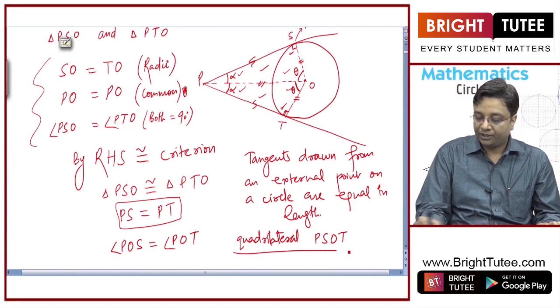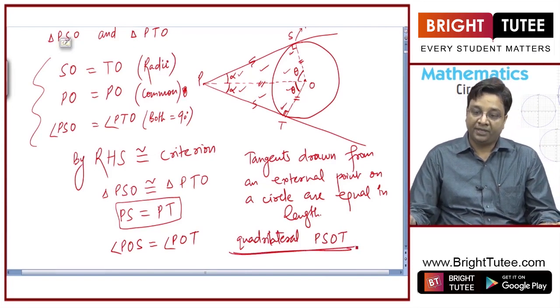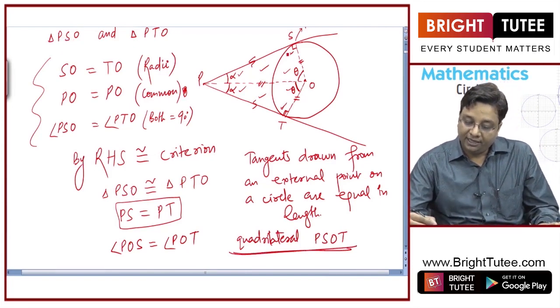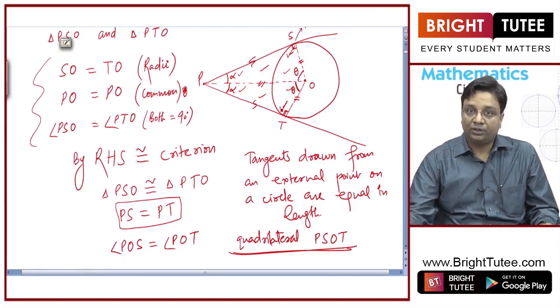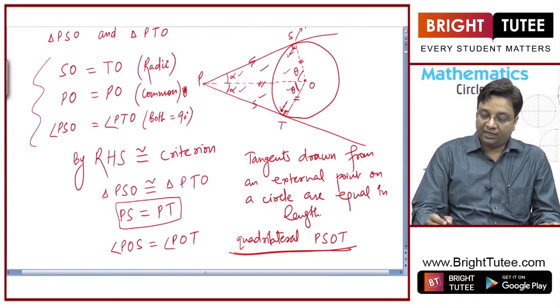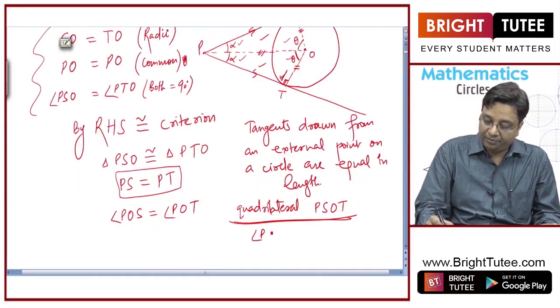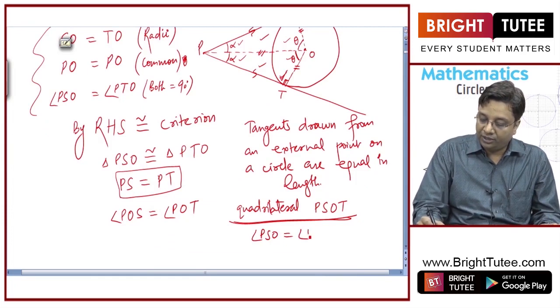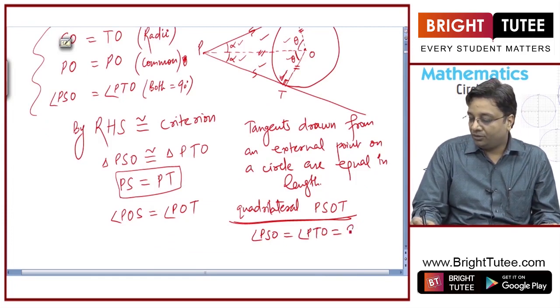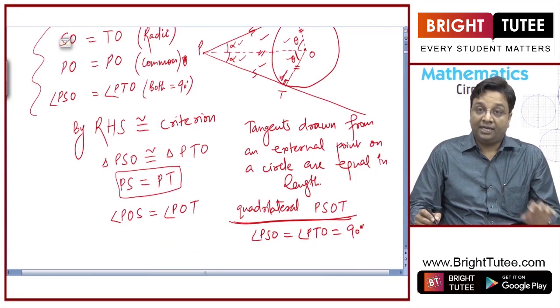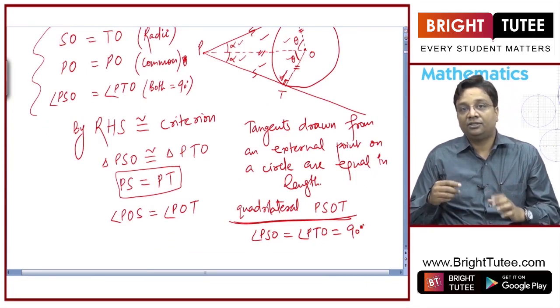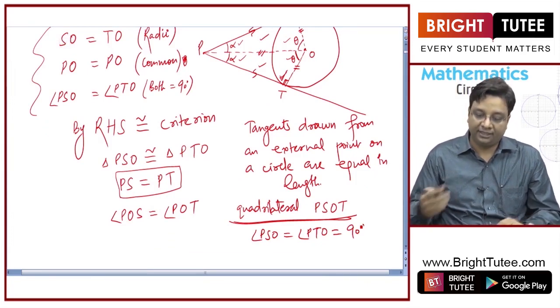PSOT, look at the quadrilateral PSOT. You see that angle PSO is 90 degrees and angle PTO is also 90 degrees. So what are the other two angles? In this quadrilateral, angle PSO is equal to angle PTO is equal to 90 degrees, and the sum of the internal angles of a quadrilateral is equal to 360 degrees.